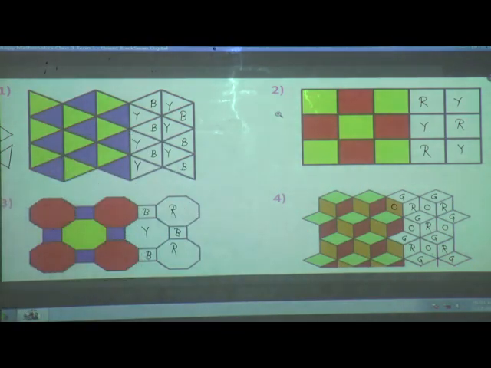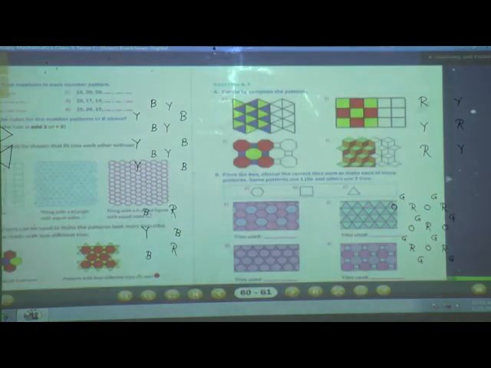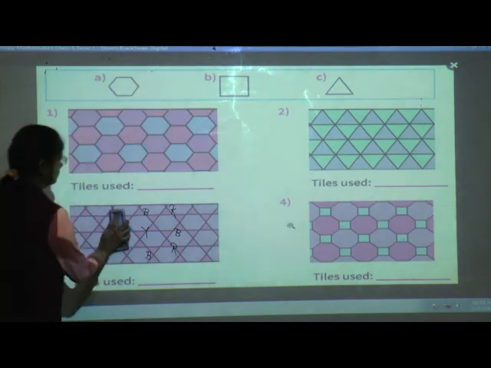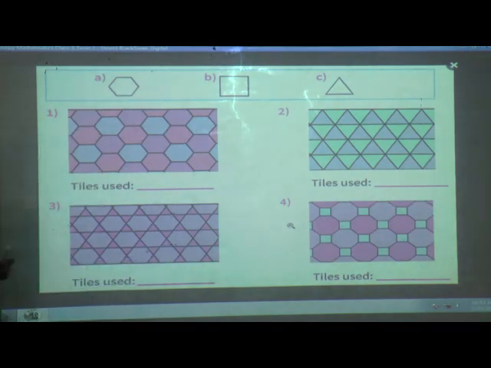Now the second question is, one more question is there in that exercise. See the second question. The question is, from the box choose the shapes. I will read the question. From the box choose the correct tiles used to make each of these patterns. Some patterns use one tile and others use two tiles.